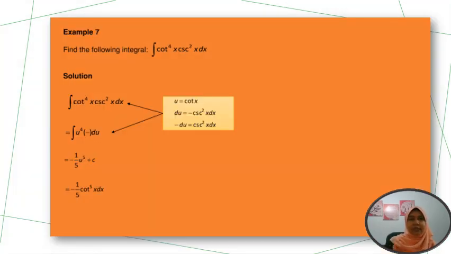Okay, let's look at the last example. For cotangent and cosecant function, integrate cotangent x power of 4 times cosecant x power of 2 with respect to x.